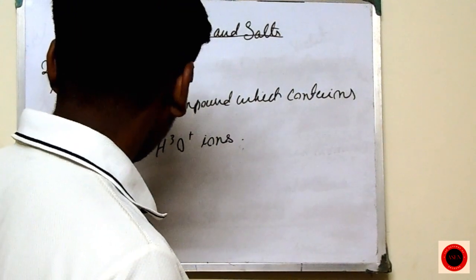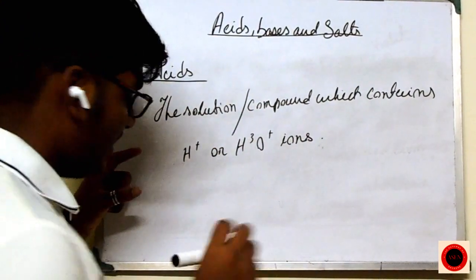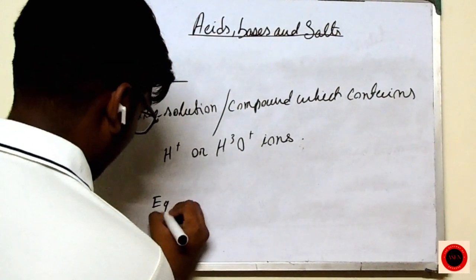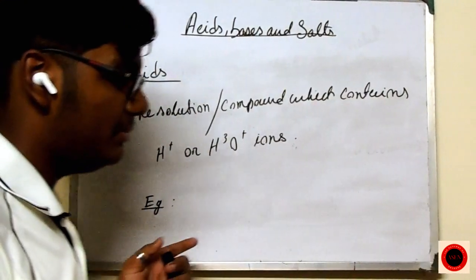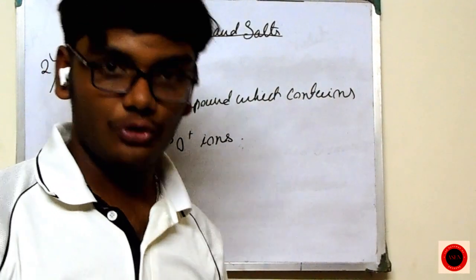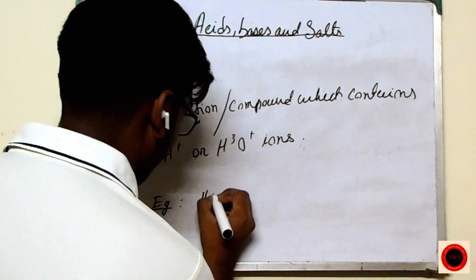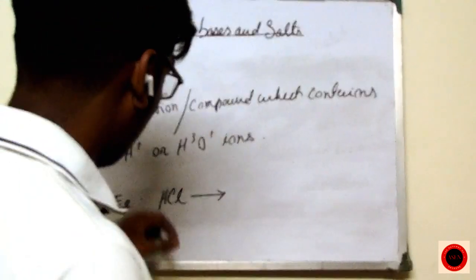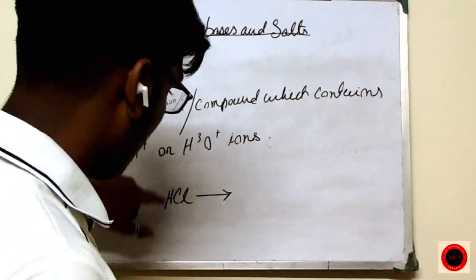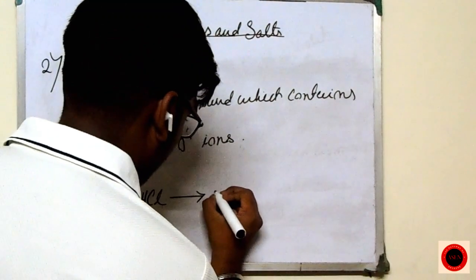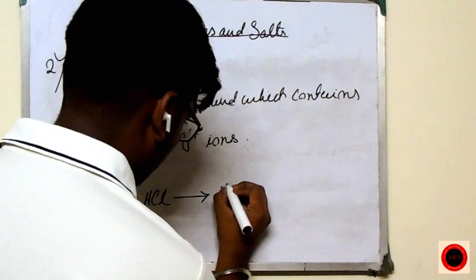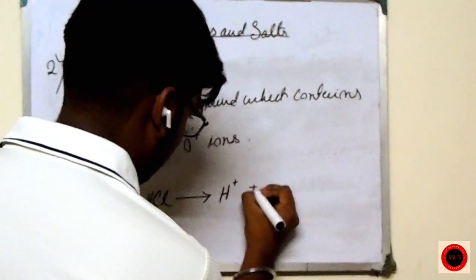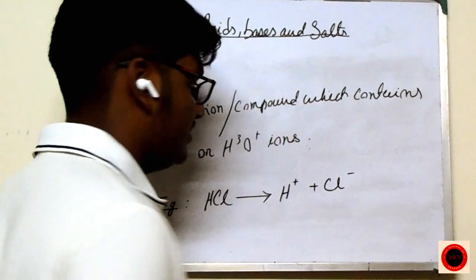One of the examples we all know is HCl, that is hydrochloric acid. How is it forming H plus ions? If we divide hydrogen and chlorine, we get H plus and Cl minus.